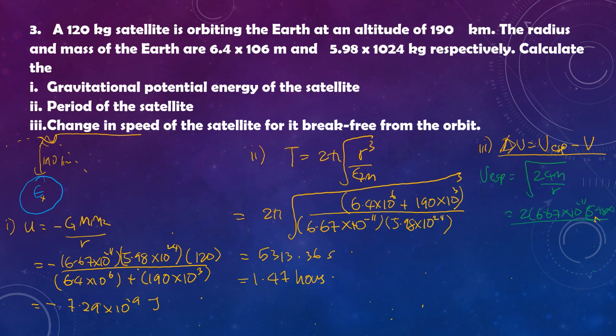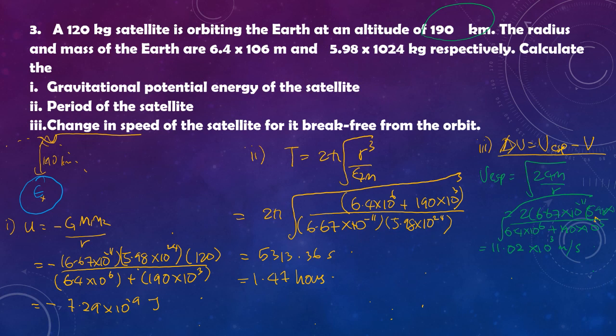Don't forget to include 190 kilometers here: 6.4 times 10 to the power 6 plus 190 times 10 to the power of 3. Don't forget the square root, and then you will get the answer, about 11.02 times 10 to the power 3 meters per second.